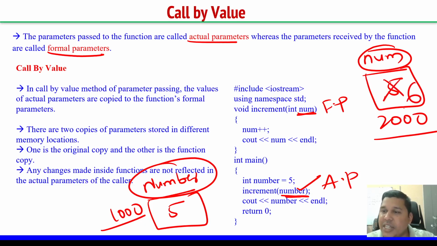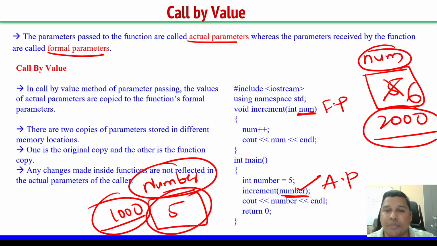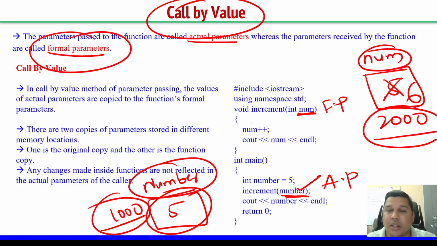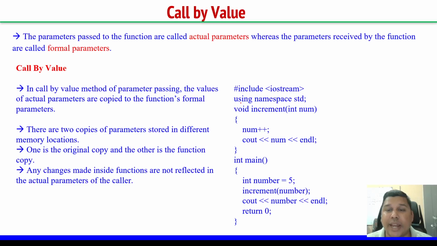You are making some change here, this value is not changing because the memory locations for both variables are different. They are pointing to two different locations, 1000 and 2000. That's why in call by value, any change made to the formal arguments will not reflect in the actual arguments. So this is a little information about call by value. So what is the drawback of this call by value?